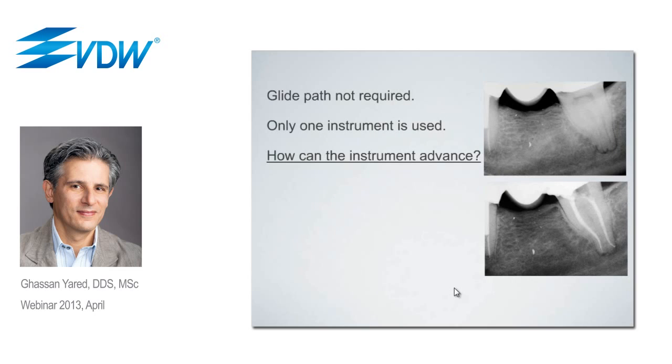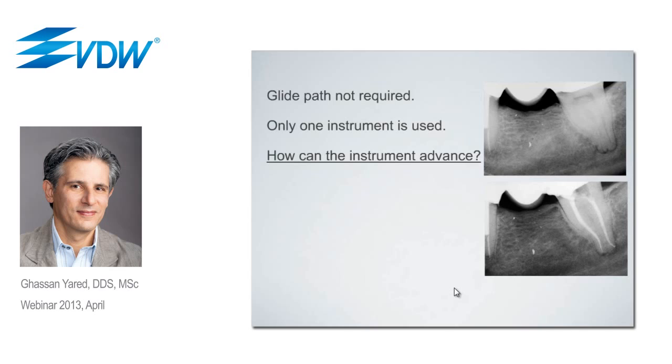So now we understand why a glide path is not required. It is not required because the angles that we use are smaller than the angle at fracture. Even if the instrument binds in the canal, it will not fracture. A glide path is required for continuous rotation, because there is a high chance of binding.